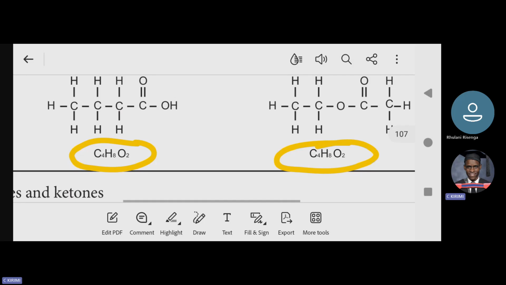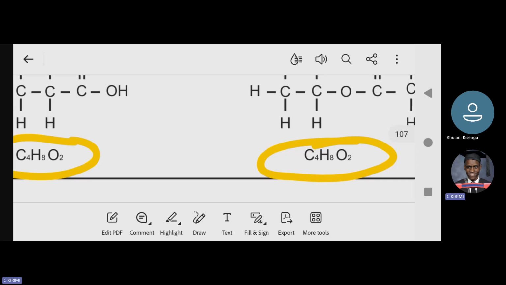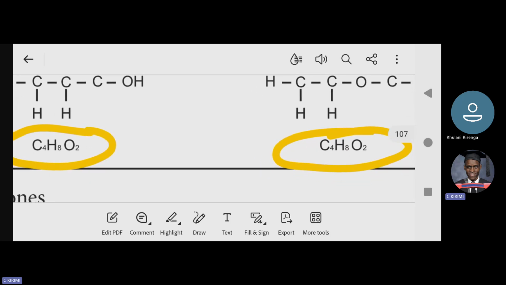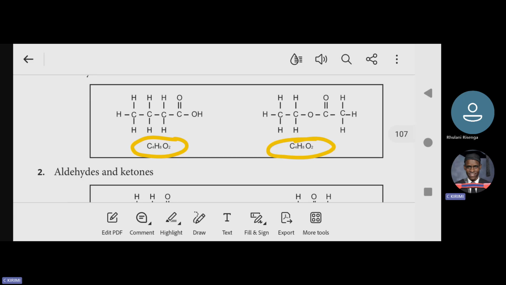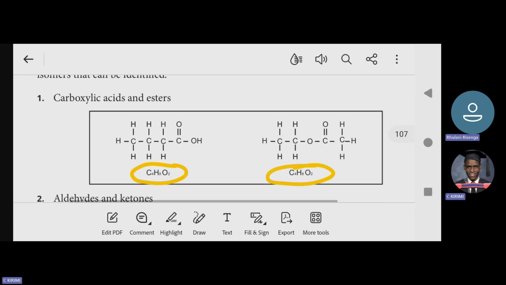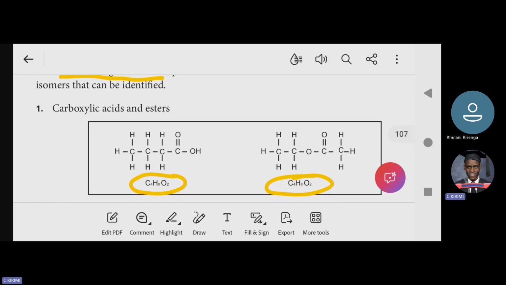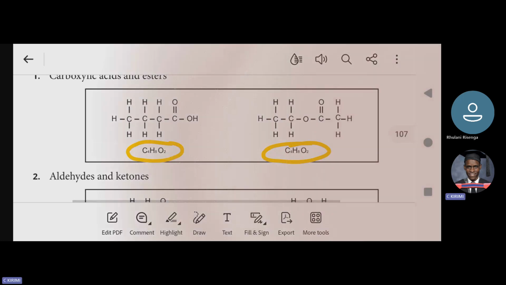As you can see, C4H8O2, both have the same molecular formula but different homologous series. The one is a carboxylic acid, the other is an ester. So we'll be doing questions relating to this.